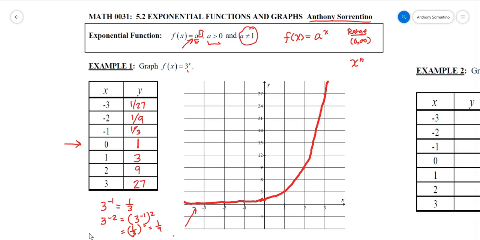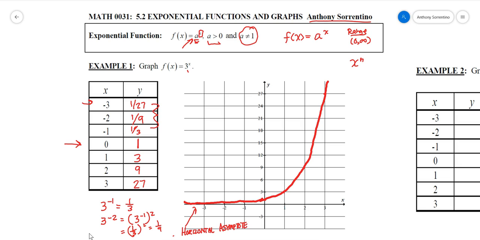Notice this has a horizontal asymptote on the left only. Because, as we mentioned before, since this is a positive base, I raise it to an exponent, it's going to be positive. But as I keep making this number more and more negative, this is going to get closer and closer to 0.